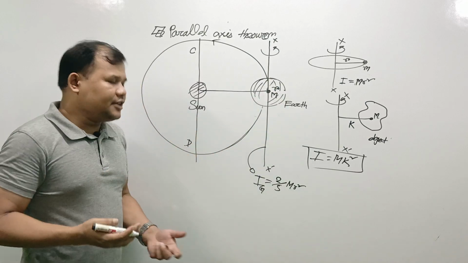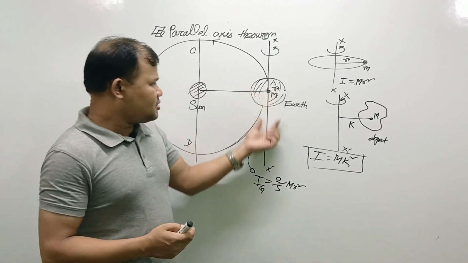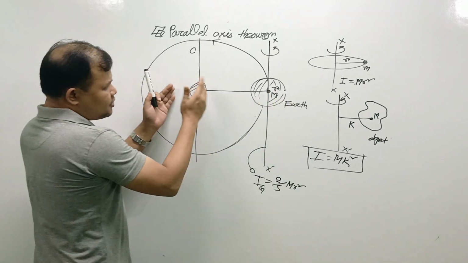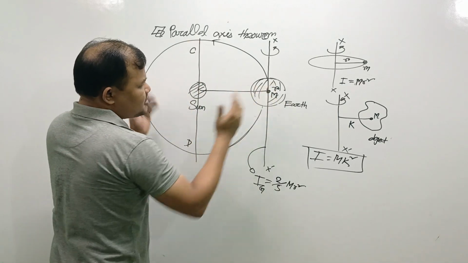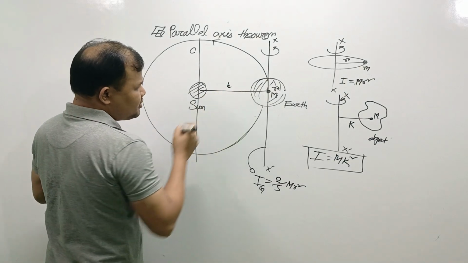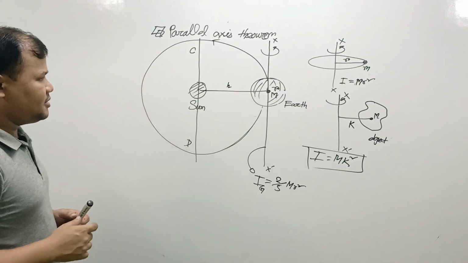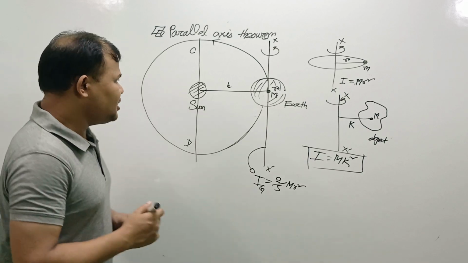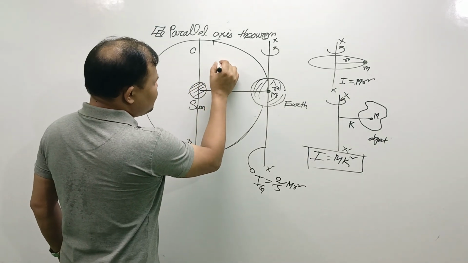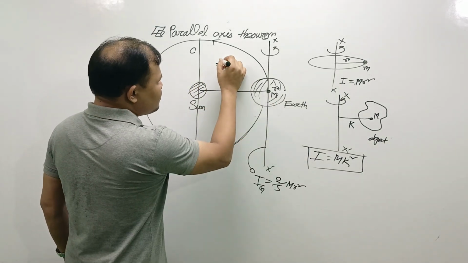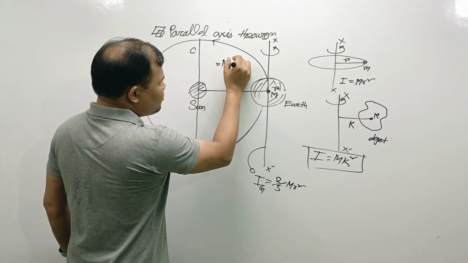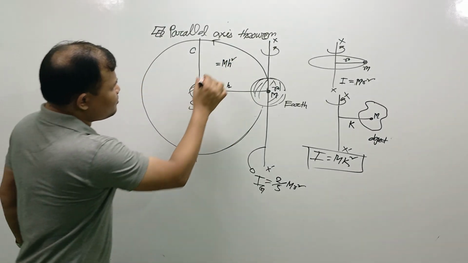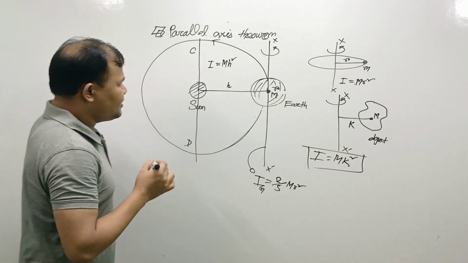We can assume all the mass of the earth is concentrated at this point, and from the rotational axis CD there is a special distance. The name of this special distance is S. So my dear students, here there are two types of moment of inertia. Here also we get a moment of inertia, mass times the square of the perpendicular distance. This is also a moment of inertia I.